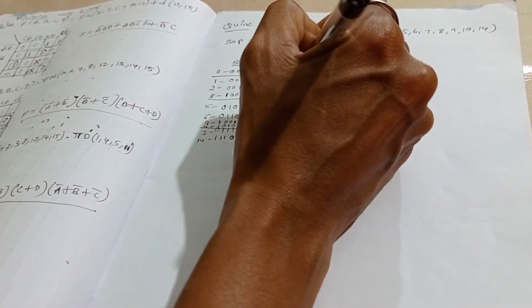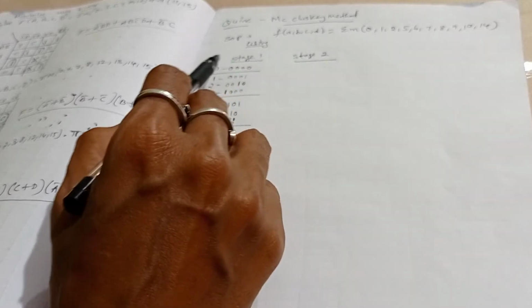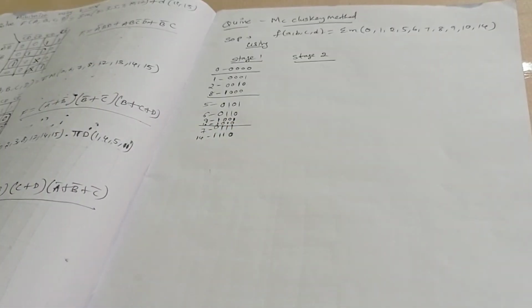Now stage 2. Here we need to compare each and every group with the other group. If there is a change in only one bit position, then take a pair of those two minterms.